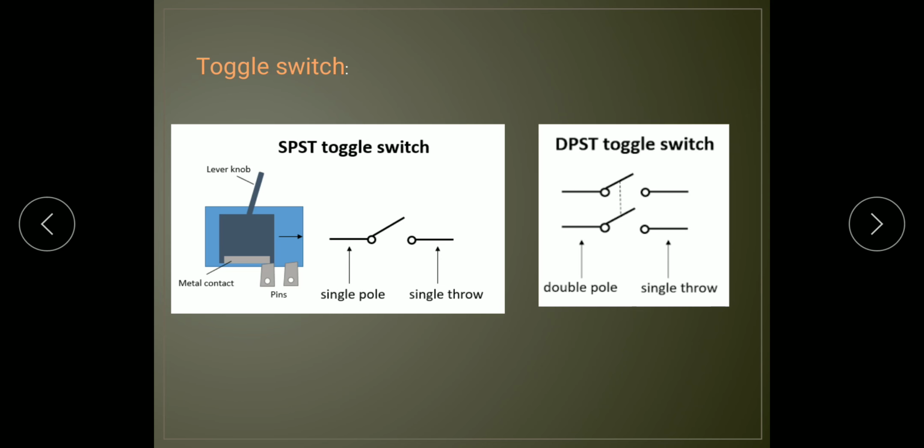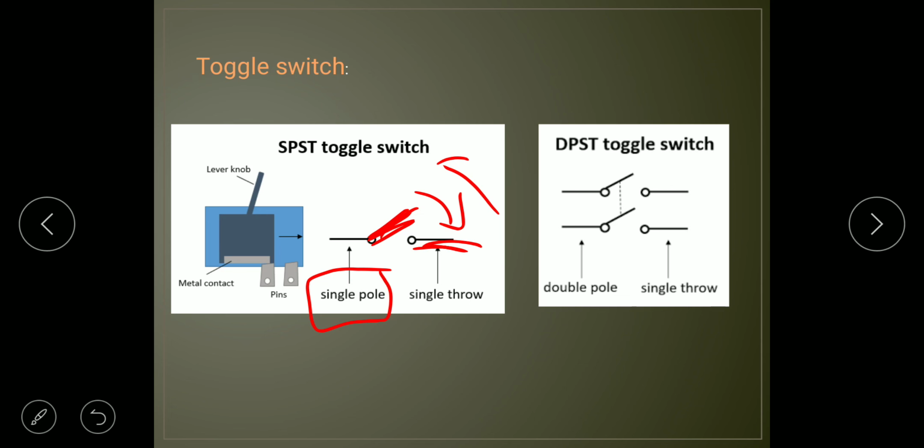Okay, how can we show SPDT and SPST? If you look here at single pole, there is only one movable contact which will move in this direction and in that direction. So only one moving contact, so it is called single pole, and only one non-moving contact here, so it is called single throw. If we show this, here two moving contacts are there, first this and second this.